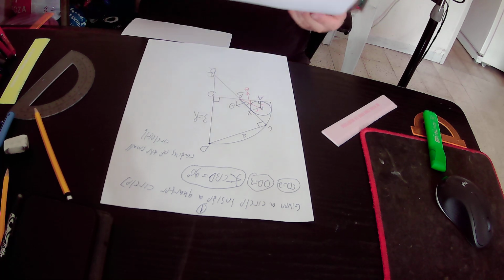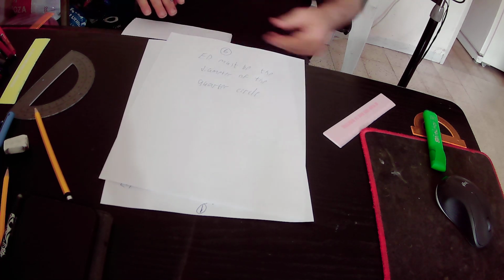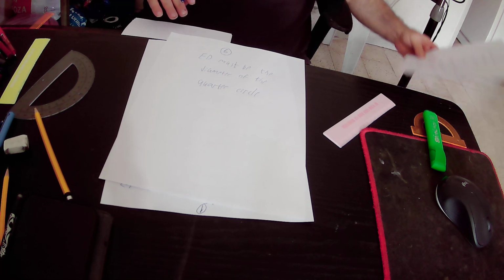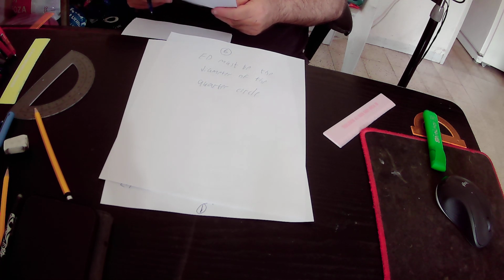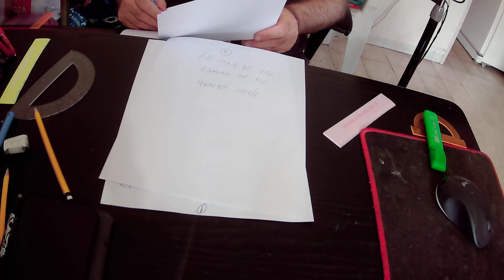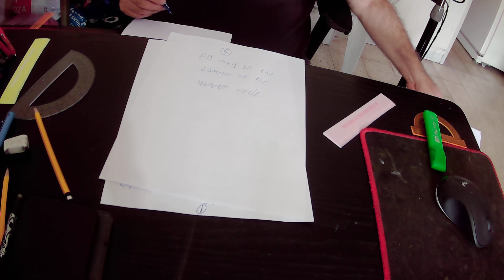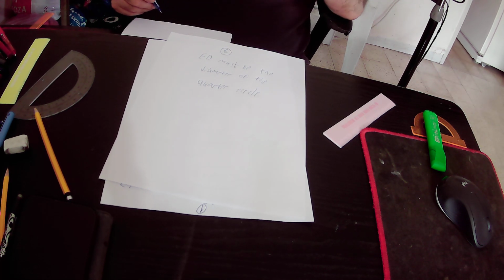Again, according to the rule that any peripheral angle that equals 90 degrees must rest on the diameter of the circle, DE must be the diameter of the quarter circle.